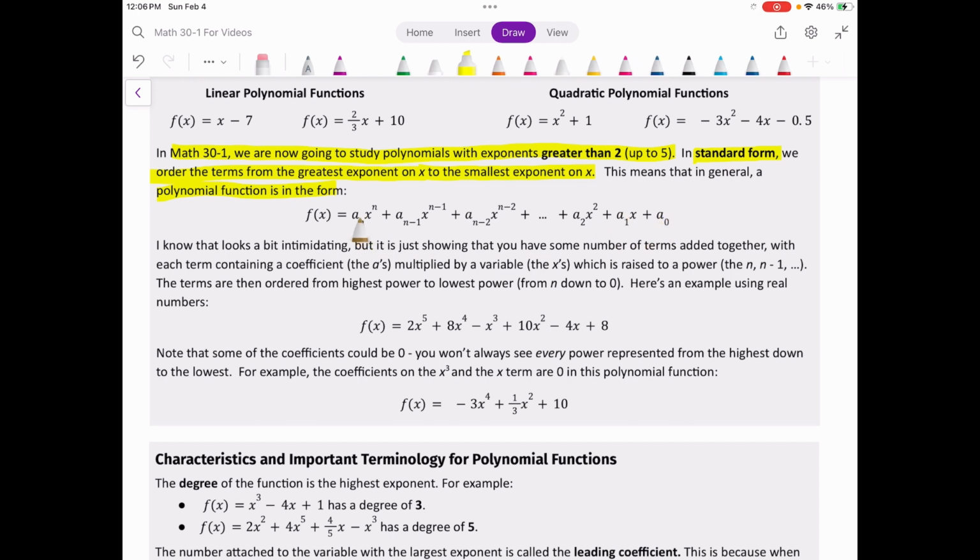And each term, all it's saying is that it'll have some coefficient. Those are our a's here. So our first one they're calling a_n, right? Then another term will have another coefficient. They're just calling that a_(n-1). Just saying if this is the largest power on x, this is the second largest power on x. This is the third largest, all the way down to the smallest power on x, okay?